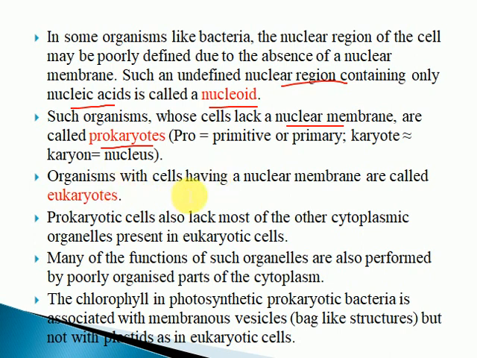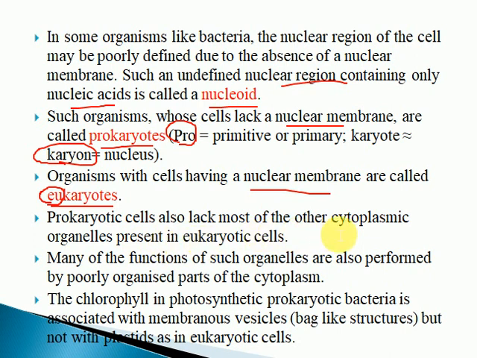The organisms which have a proper nuclear membrane are called eukaryotes. Pro means primitive and karyot comes from nucleus. So bacteria which have a primitive type of nucleus are called prokaryotes, and the other organisms which have a true nucleus, eu means true, a properly organized nucleus, are called eukaryotes.